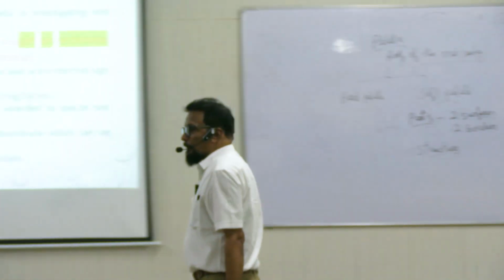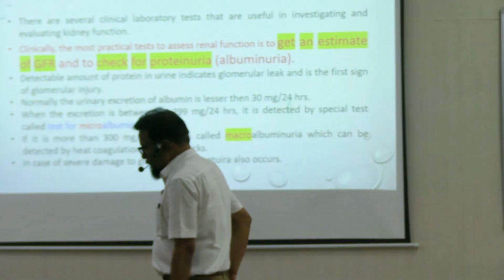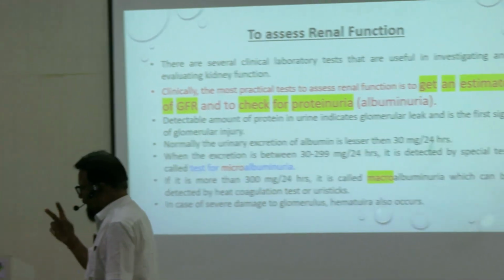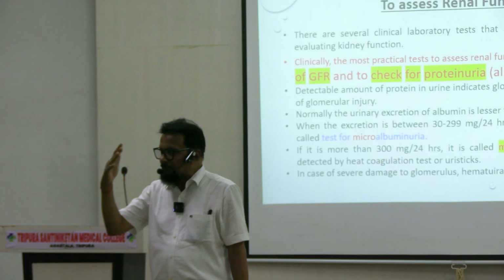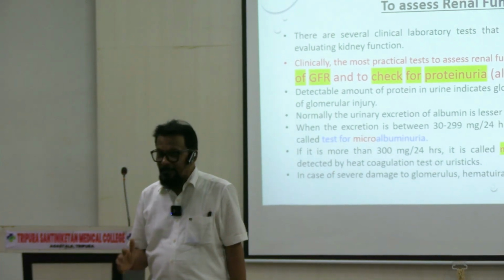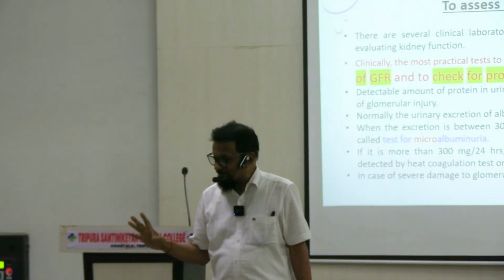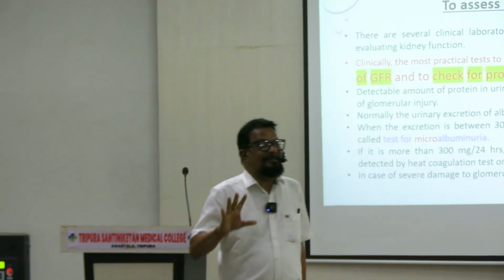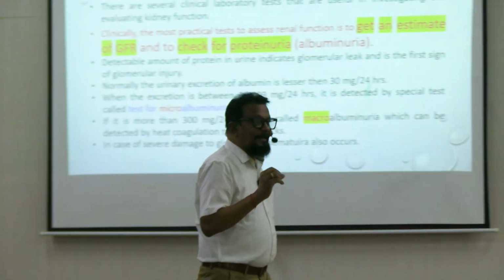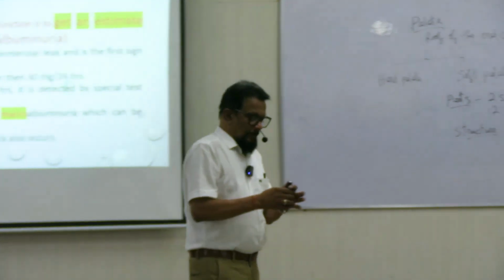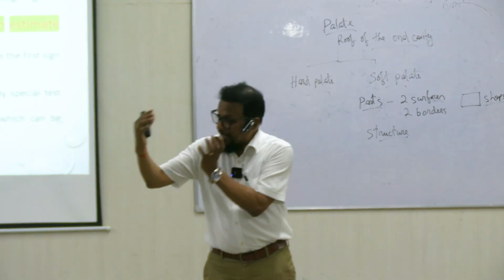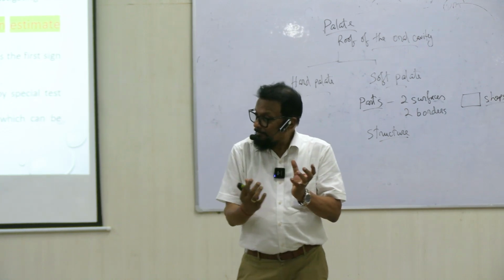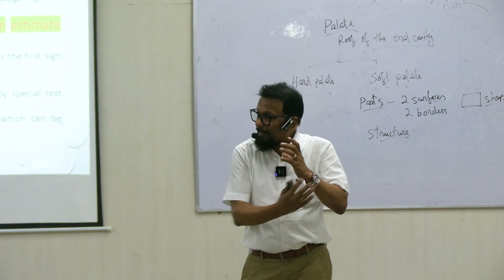Before we start explaining the GFR and how it is determined, GFR cannot be measured directly. GFR is measured indirectly. How? Through a clearance test. So we have to understand what is clearance, what is renal clearance. Through the kidney, blood is coming, meaning plasma is going through the glomerular capillaries.